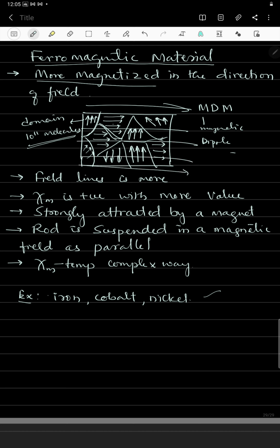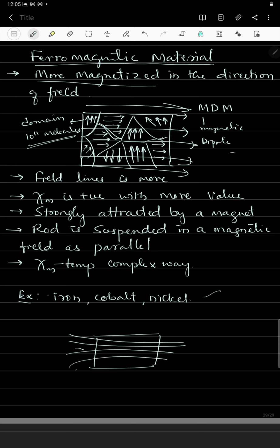For this magnetic field line, it gives a more magnetized material, and the field lines are more. If you draw a diagram of this material, all the field lines are moving through this material. Therefore this gives a more magnetized material. This type of material is called ferromagnetic material, and chi m is positive with a large value. Chi m is positive and much greater than 1.